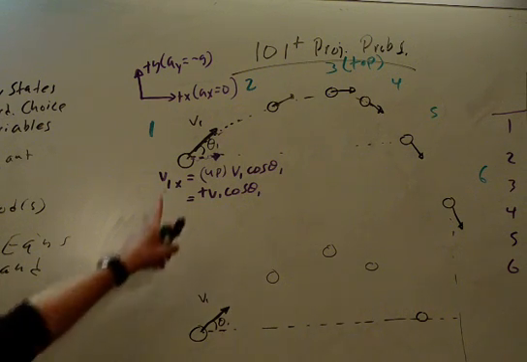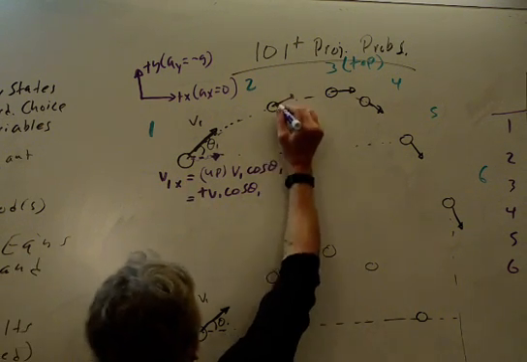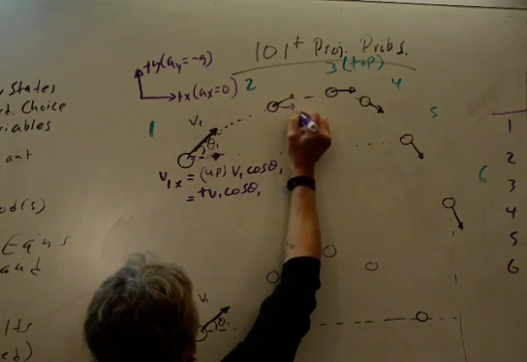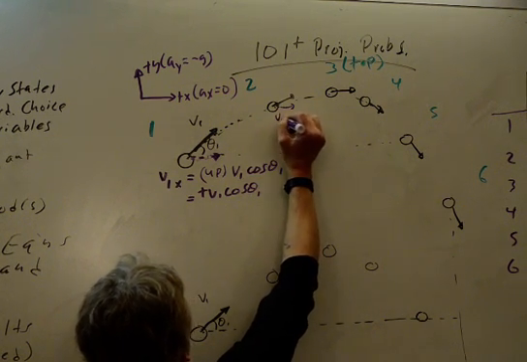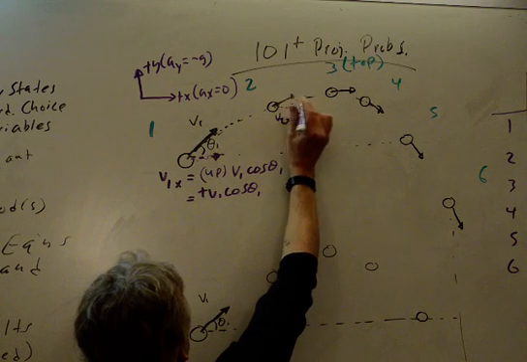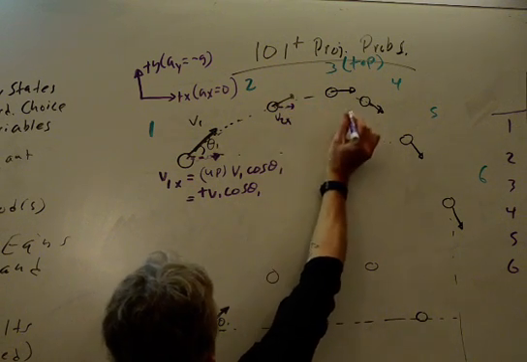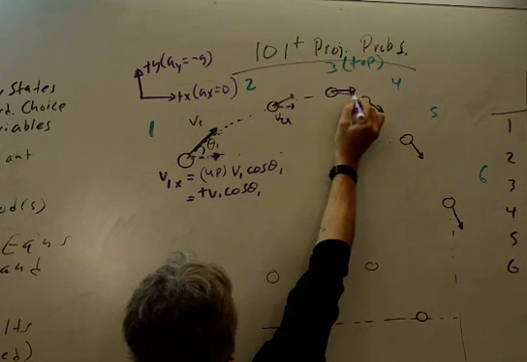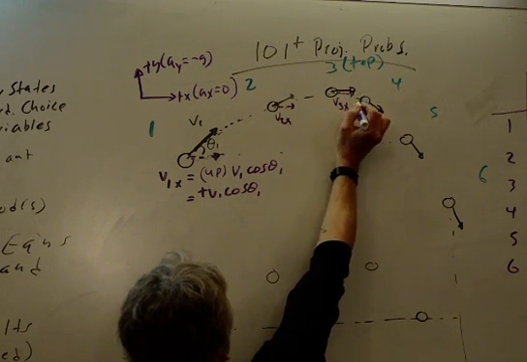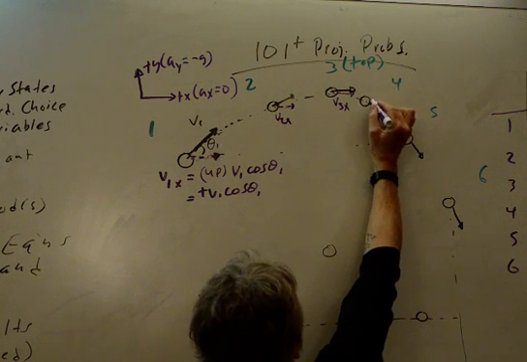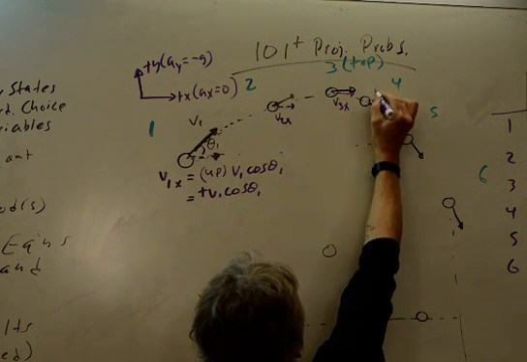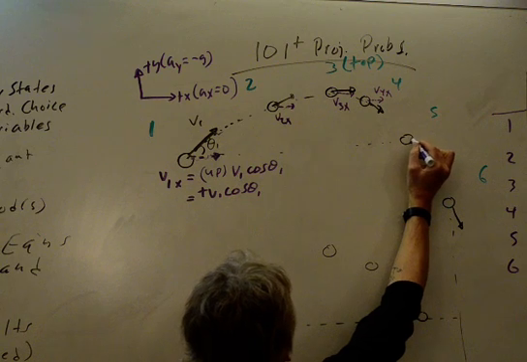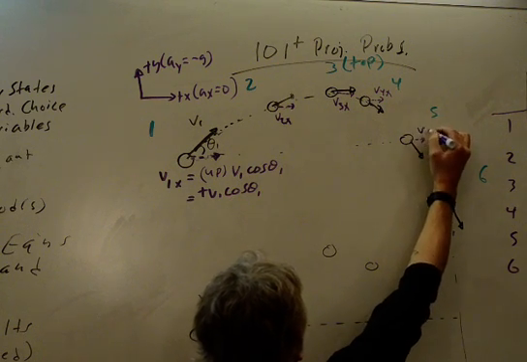Okay, so then I look here and I've got V2x. And here, hey, wait a minute. That's V3x. And here, V4x. And here, V5x.